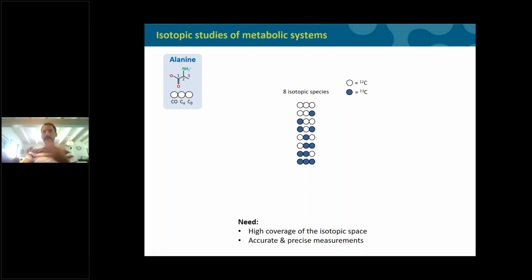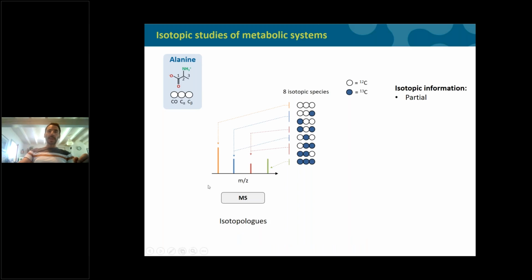For that, there are different techniques: LCMS, GCMS, and of course NMR, proton NMR, C13 NMR, and all these techniques provide different information. So for instance, by MS, we can access the isotopologs of molecules, that is the proportion of molecules which contain 0, 1, 2, or 3 C13 atoms.